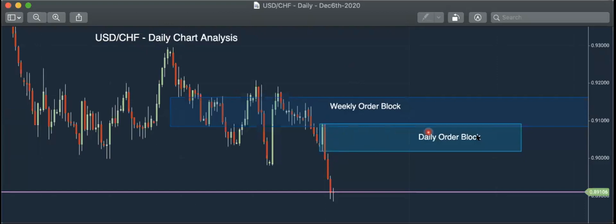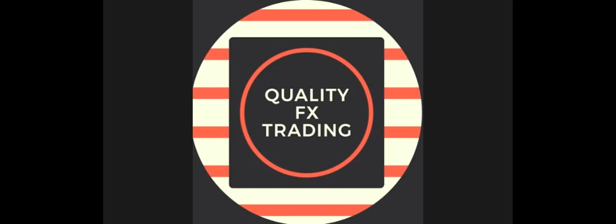This is the daily order block, which we show in light blue color. So this is a very strong order block because of two reasons. It is in the daily chart and it is consisting of only one candle. So after this bullish, we are getting a bearish engulfing down.